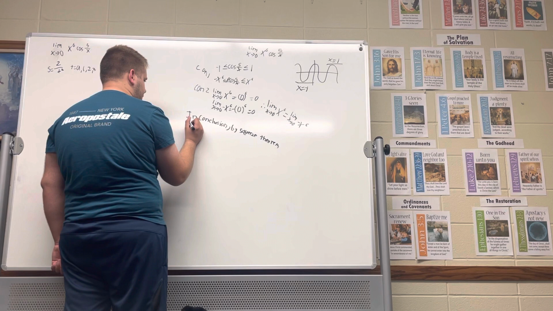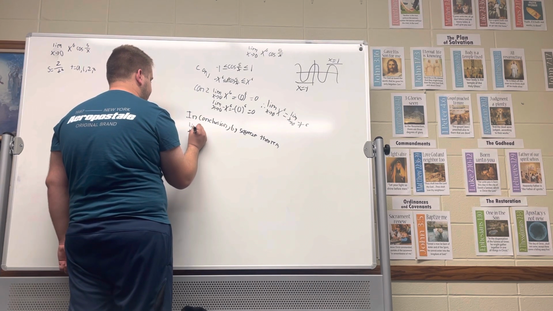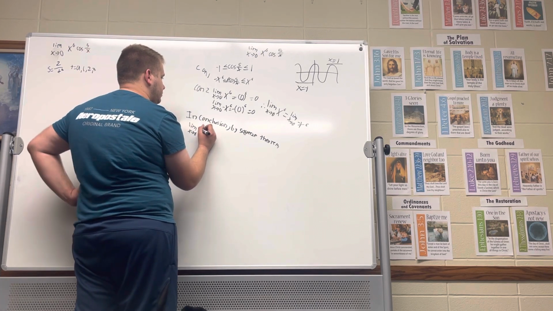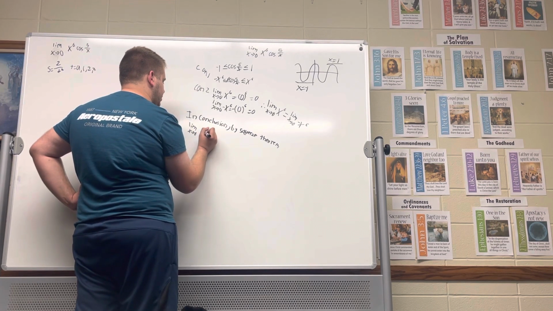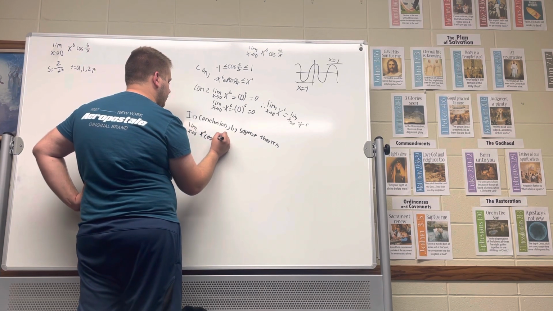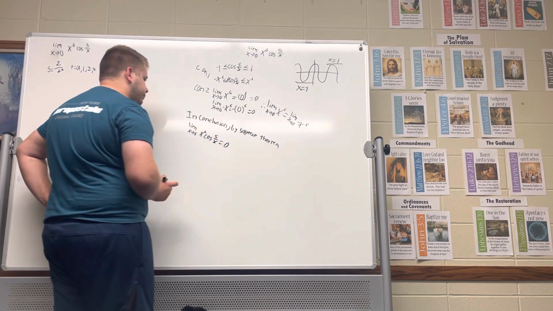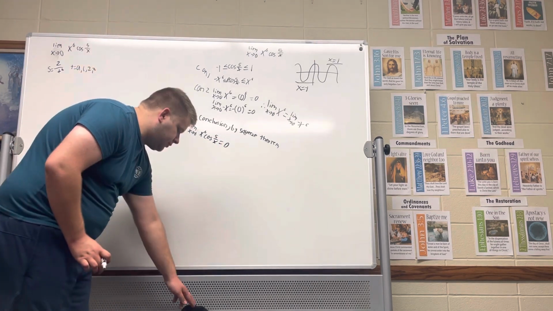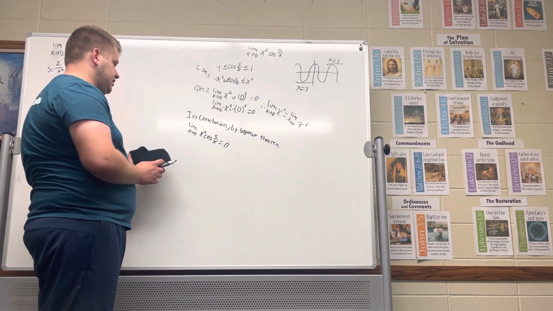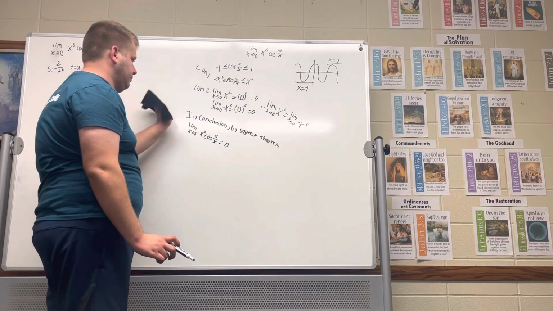In conclusion, by squeeze theorem, the limit as x approaches 0 of x to the 6 cosine 5 over x equals 0. The mistake I made on the test was that I simply used direct substitution at first and didn't go any further after getting a d/e.